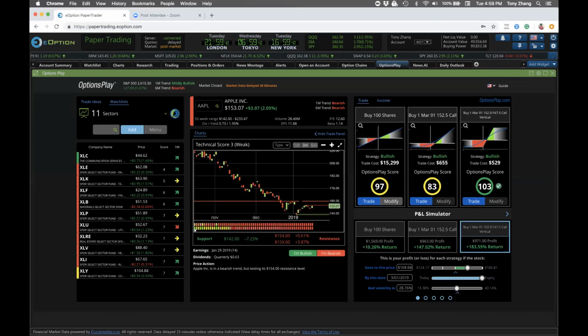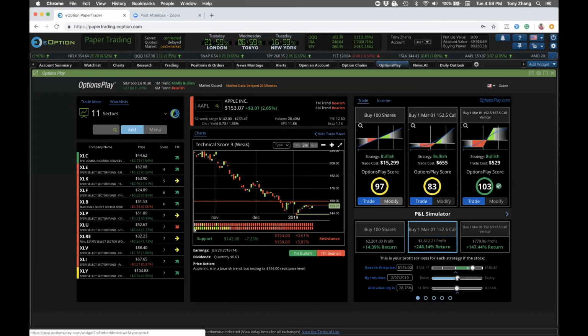So let's take a look at what if this trade was a little overdone, and the stock is going to beat on earnings and maybe pop back up to 175 or so. Let's say we think the stock will move up to 175 a few weeks after earnings on February 7th, and the stock volatility drops a little. As you can see here, it looks very, very attractive.